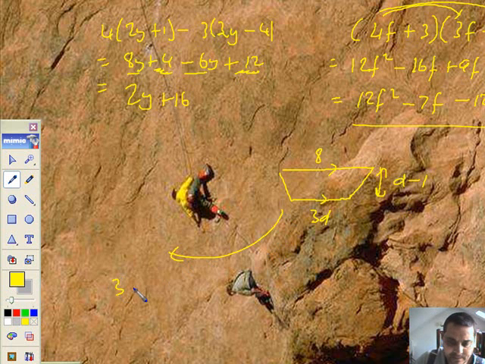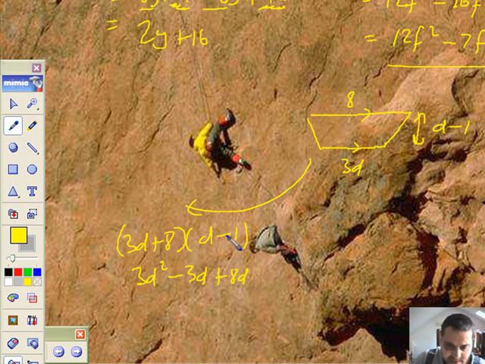So I've got 3d plus 8 multiplied by the height, which is d minus 1. Get the answer, simplify it, then halve it. So I'm not going to write the word area yet. So I've got 3d squared minus 3d plus 8d minus 8 altogether. 3d squared on its own, minus 3 plus 8 is plus 5d, minus the 8 at the end.